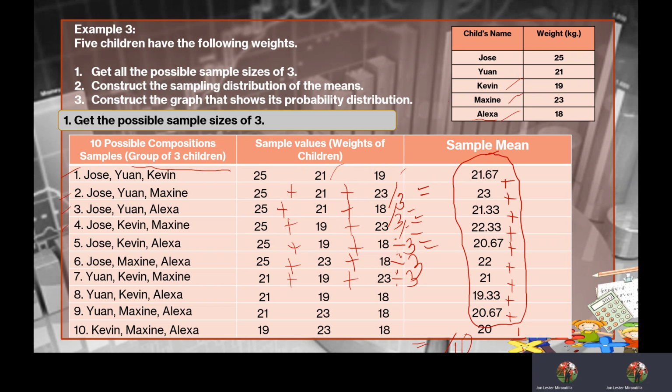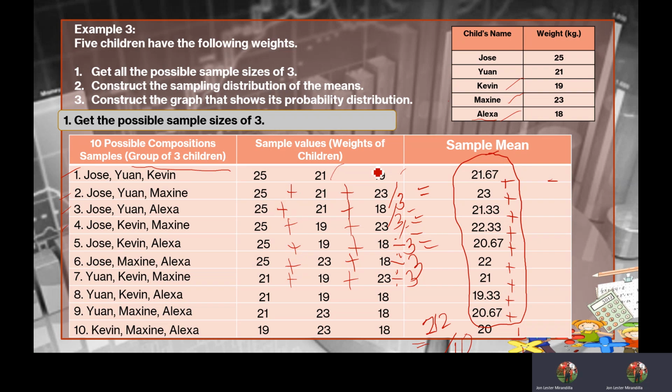21.67 plus 23 plus 21.33 plus 22.33 plus 20.67 plus 22 plus 21 plus 19.33 plus 20.67 plus 20 will give us the summation of 212.